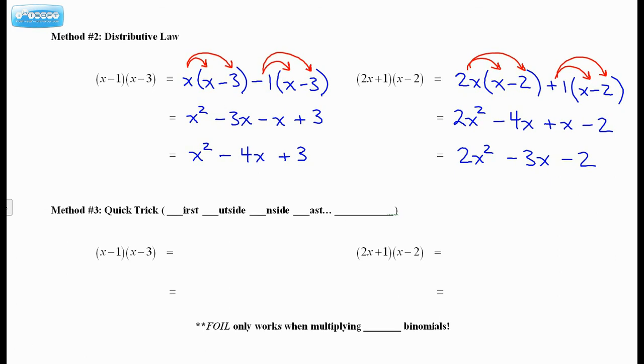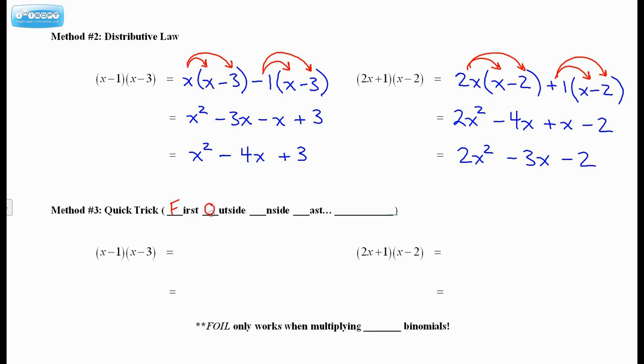Method 3, I call this the quick trick. This is the method that I was taught when I was in school. It's nice because it's quick and it's easy to remember. You have 4 letters to remember. Here, I'll do this in red. So F. F stands for first.